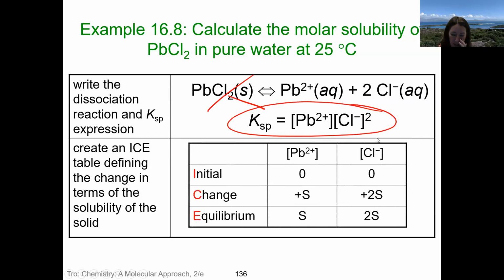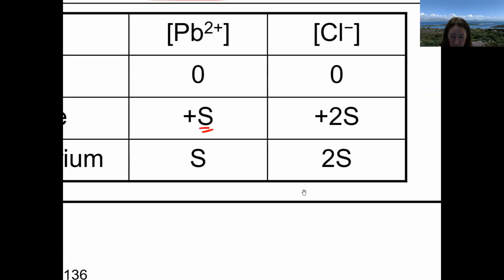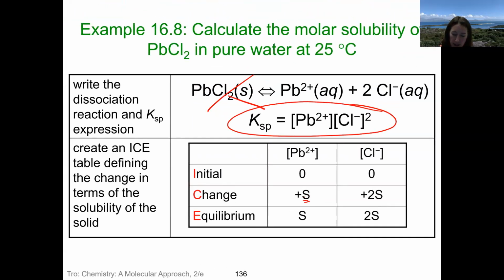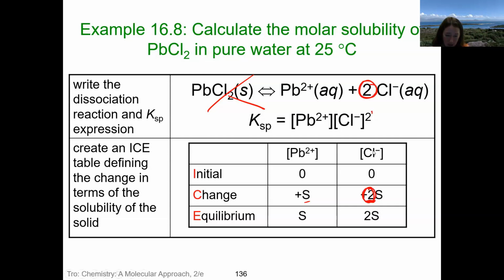Now for these ICE tables, I put S's to show the solubilities, but if you want to put X's on them, that's totally fine. You can put an X there, right? We've been in acids and bases, so we haven't had to do this much in the last couple weeks. We did before, so kind of dust those cobwebs off. There's 2 of them here, so there's 2 of them here, right? So don't forget about that part.